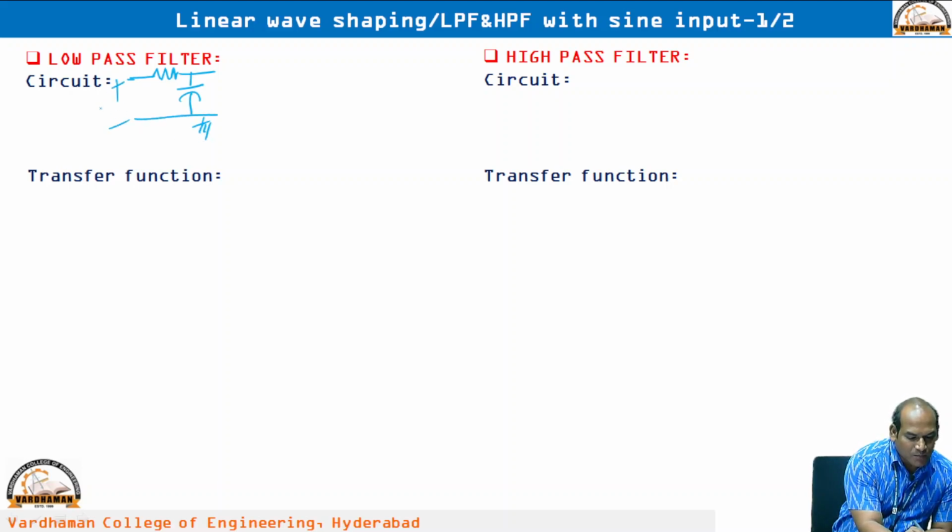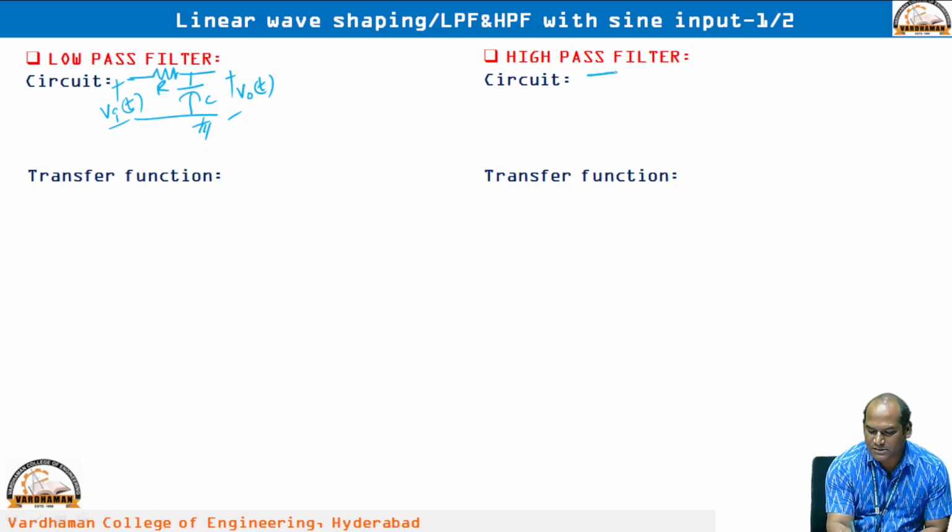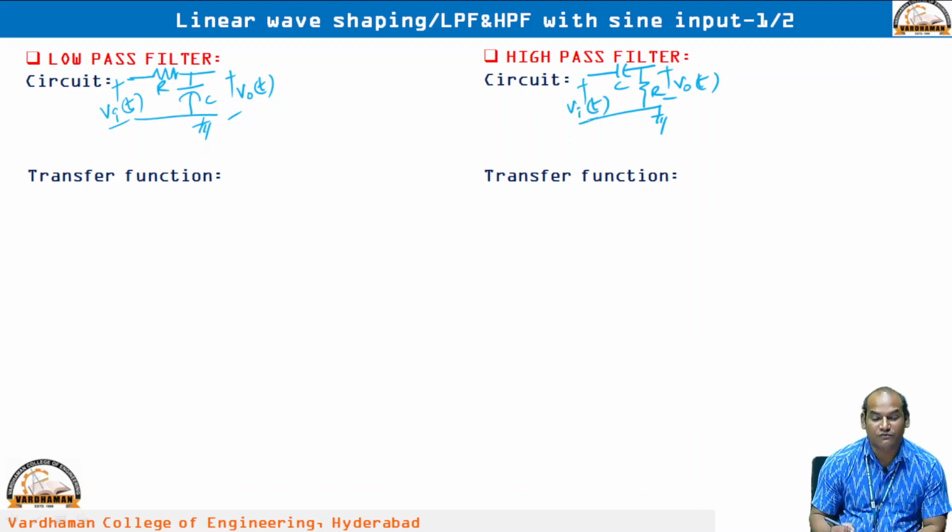Here we have to apply input signal and here we need to get output signal. And high pass filter means we know capacitor, resistor are to be connected like this. Here we have to take the output across the resistor and here we have to apply the input for this particular combination.